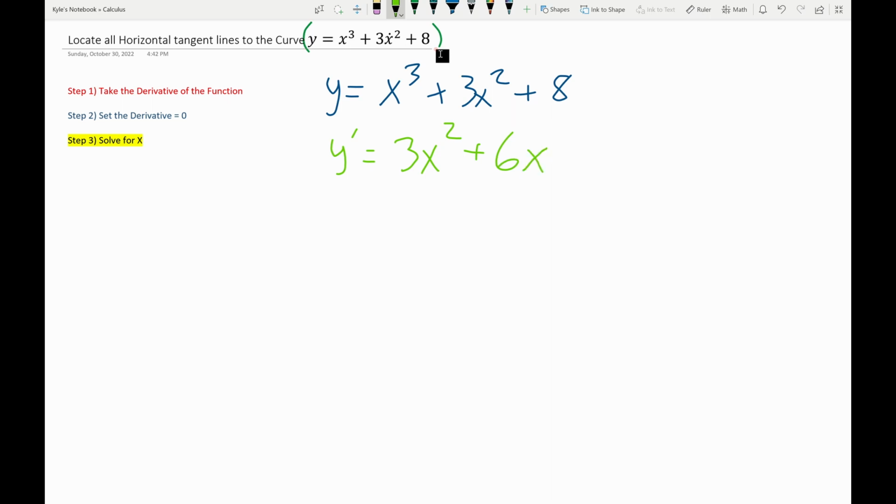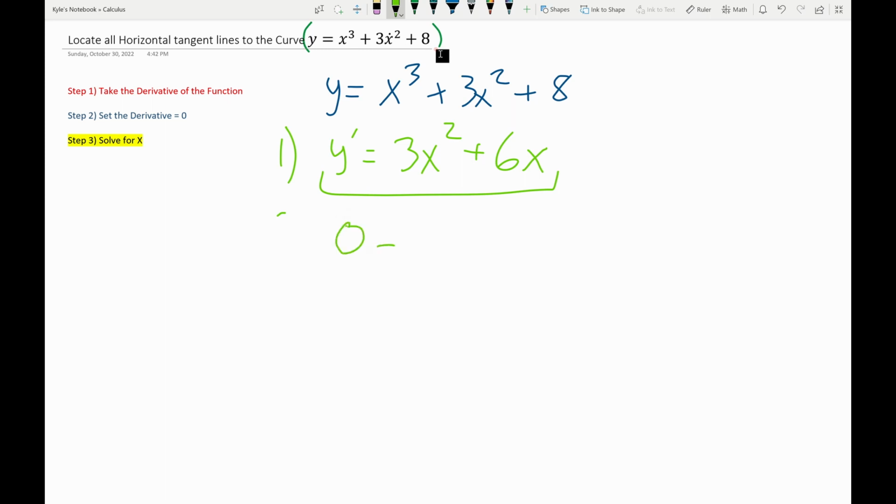Now we're at step 2. So I'm going to just put a 1 up here. And I'm going to put a 2 up here. Excuse me, that's incorrect actually. This is step 1. Now we're at step 2. So I'm going to take this function here and I'm actually going to just put a 0 next to it.